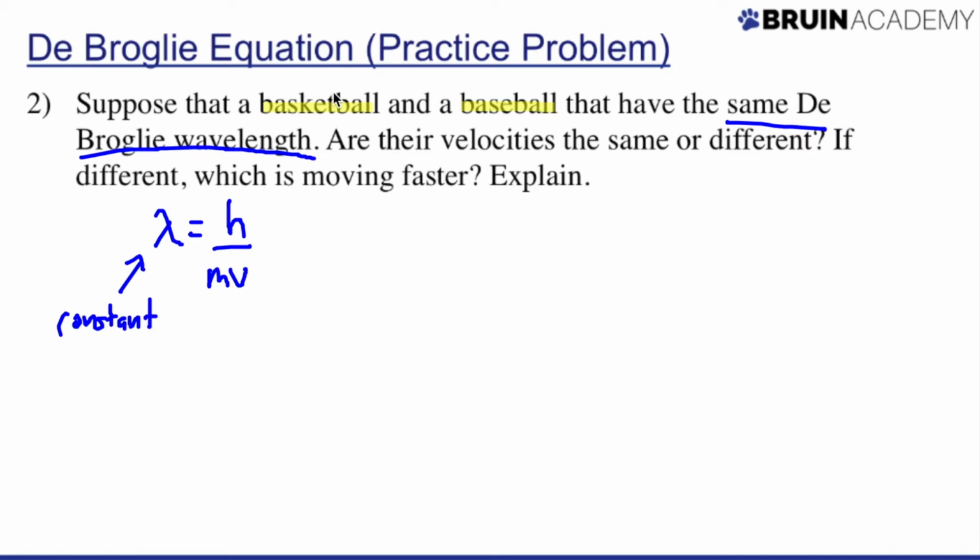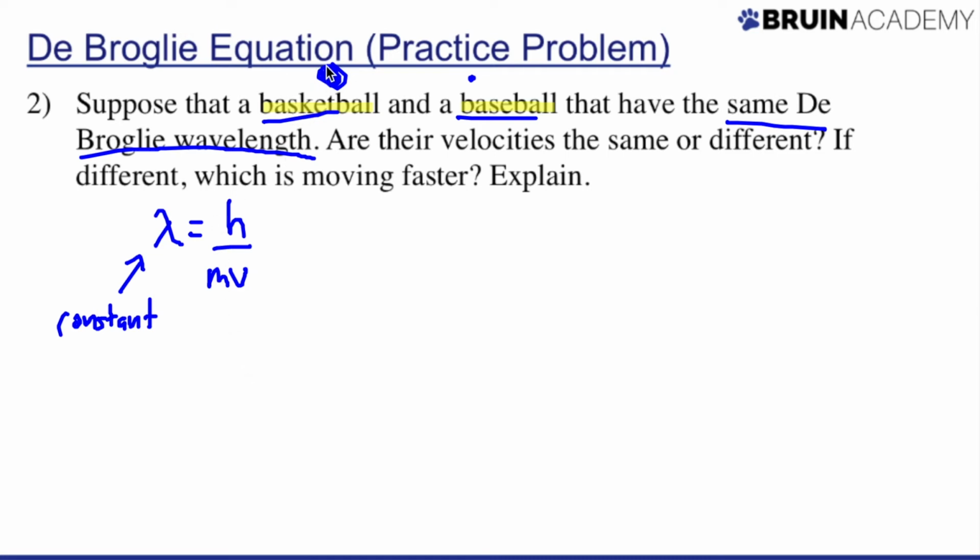Now, what are they asking? They're asking, are the velocities going to be the same or different? Well, we know that between a basketball and a baseball, the basketball is much bigger. So we know that the masses are different. Baseball is much smaller. So if the masses are different, the velocities are also going to have to be different in order for lambda to be a constant. All right?